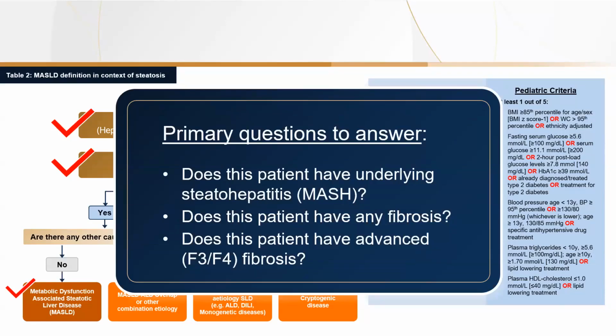So the things we want to know: does he have any underlying steatohepatitis? Does he have any fibrosis? And does he have advanced fibrosis? This is where additional non-invasive testing comes in handy.